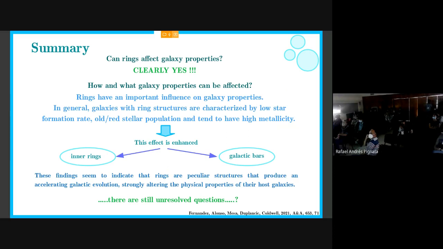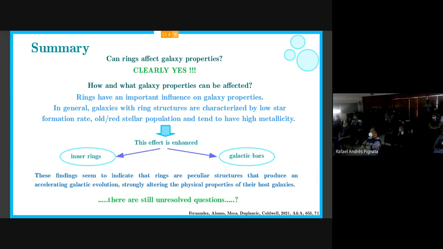Rings have an important influence on galaxy properties, and in general, galaxies with ring structures are characterized by low star formation activity, an old red stellar population, and a high metallicity value. And this effect is enhanced in galaxies which present inner rings and galactic bars.